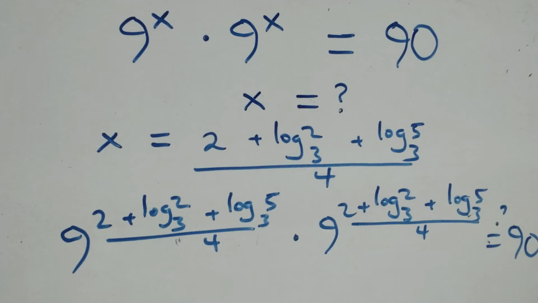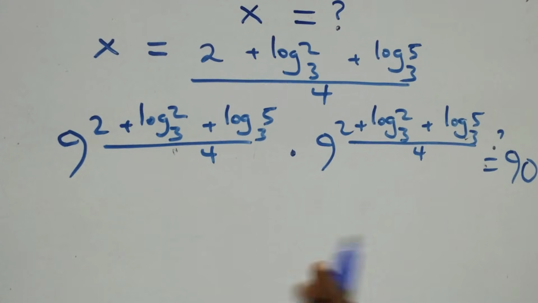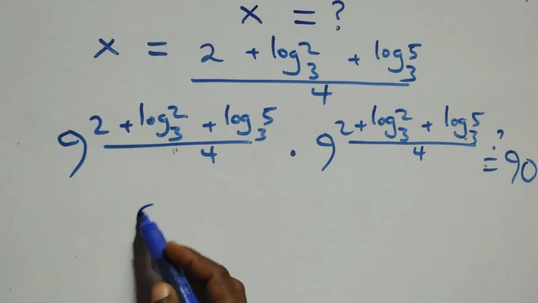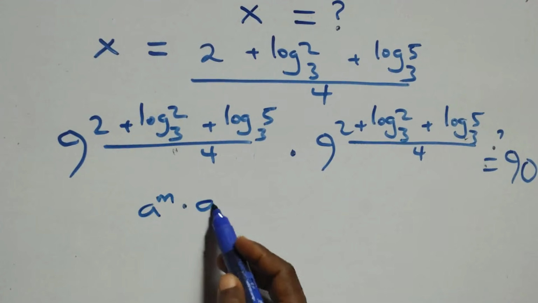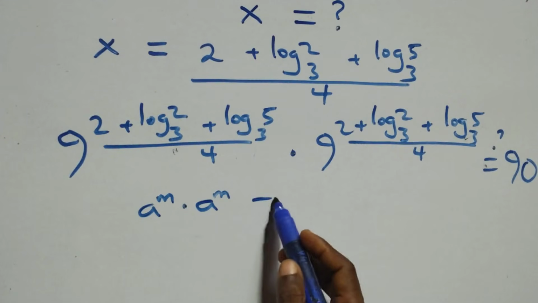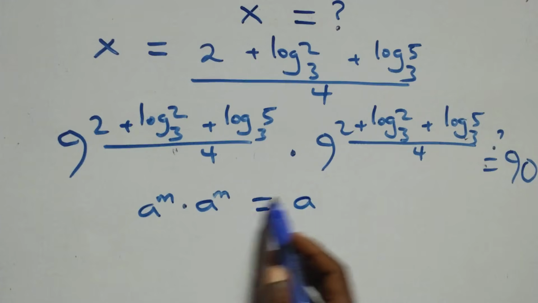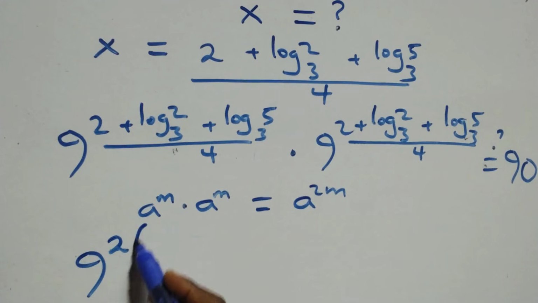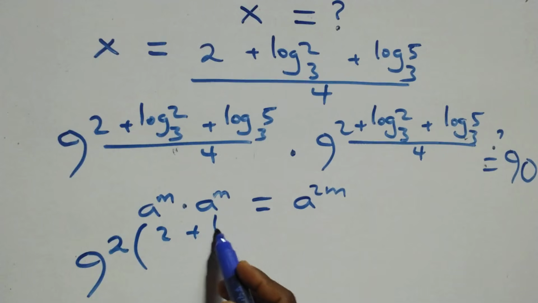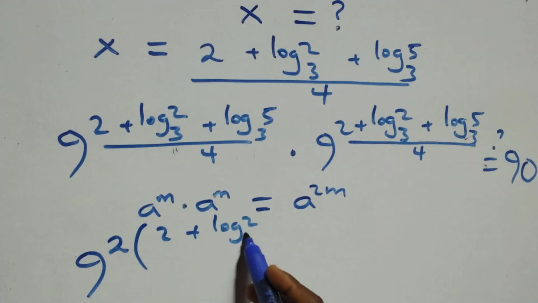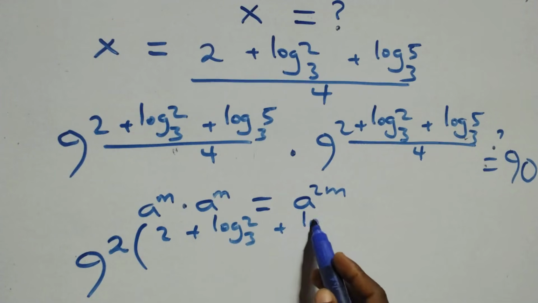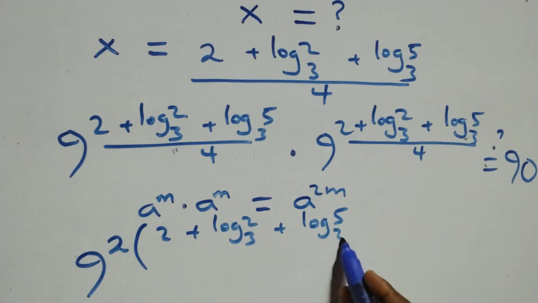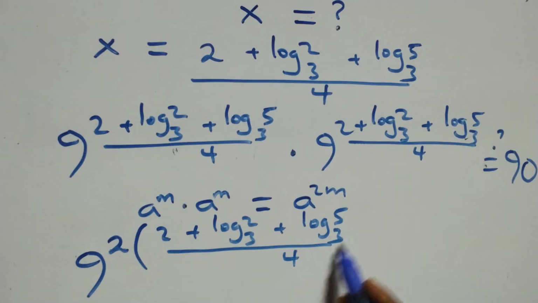Then here we have the same base multiplying, which follows when we have a raised to power m times a raised to the same power m, it can be written as a raised to power m plus m, that's 2m. This here we can write as 9 raised to power 2 times 2 plus log 2 base 3 plus log 5 base 3 all over 4.